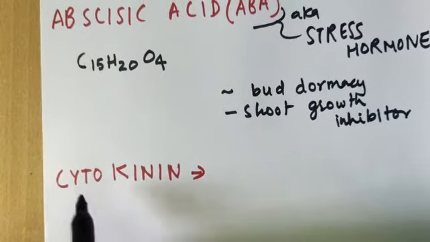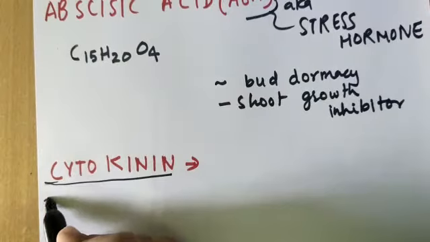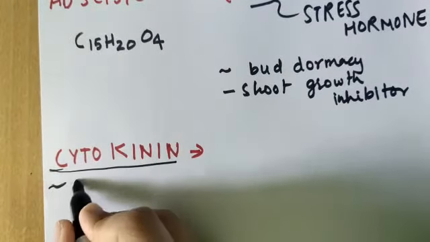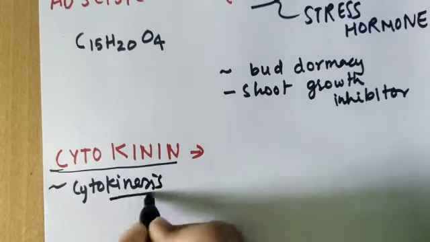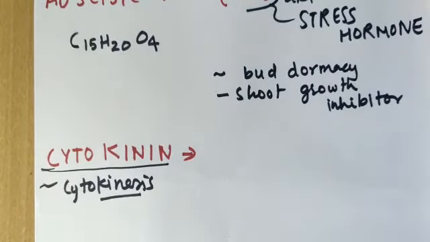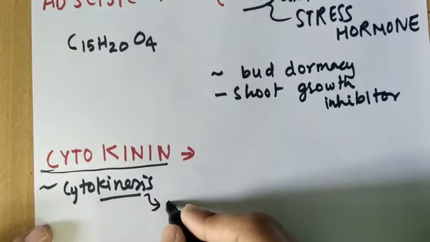So as the name resembles, we can easily learn that cytokinin hormone helps the plant in cytokinesis, and cytokinesis is cell division.